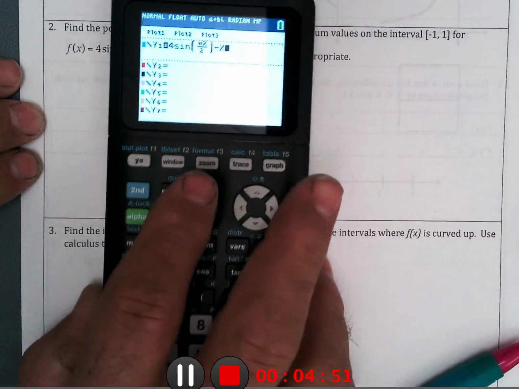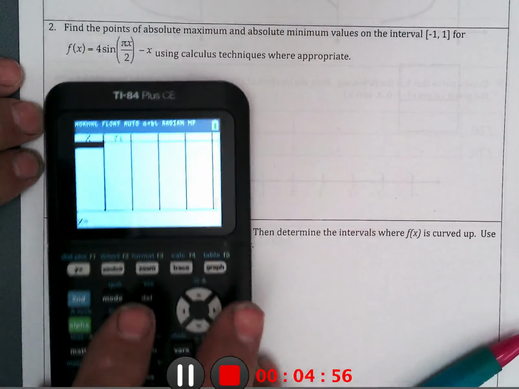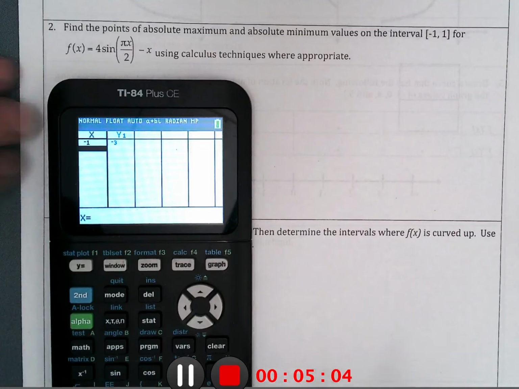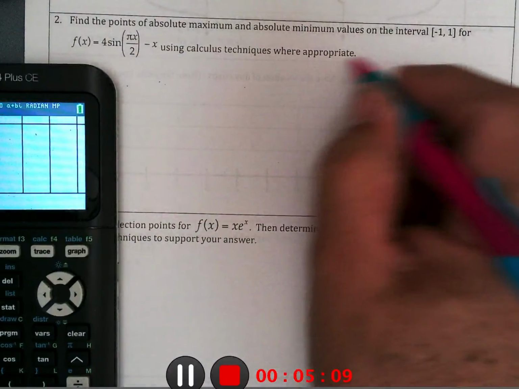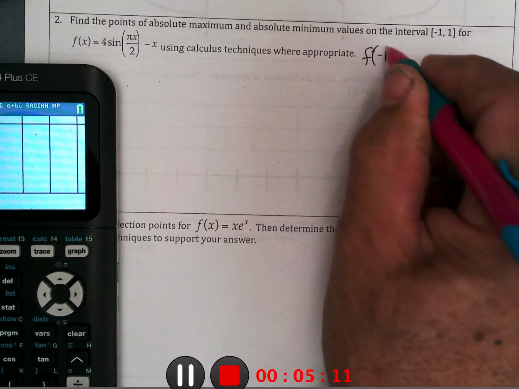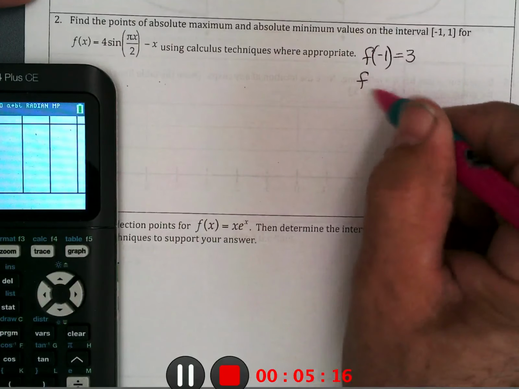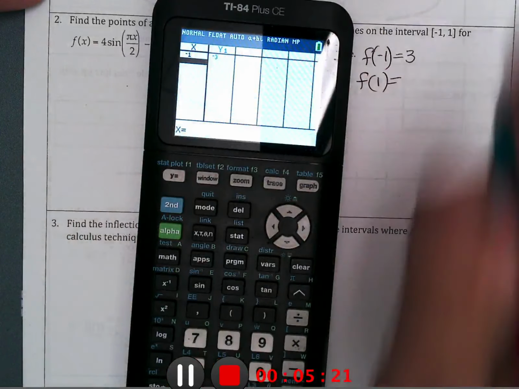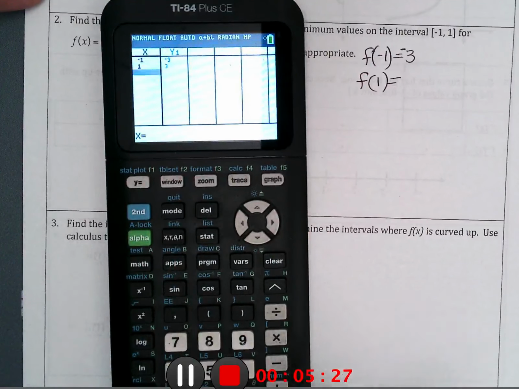And second table, and I put in minus 1. I get 3. So f of -1 is 3, and f of 1 is, oh, it's -3, excuse me. And then I put in f of 1, and I get 3.